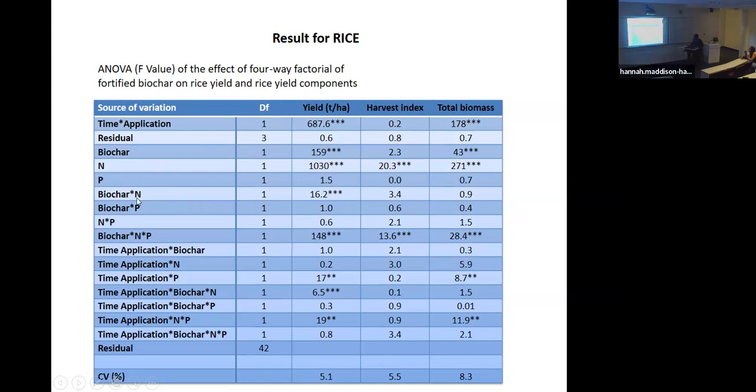Biochars fortified with N only significantly increased the yield of rice. Biochars fortified with nitrogen and phosphorus all significantly affected yield, harvest index, and total biomass. Time of application of P significantly affected yield, harvest index, and total biomass, similarly to time of application of nitrogen fortified with phosphorus.